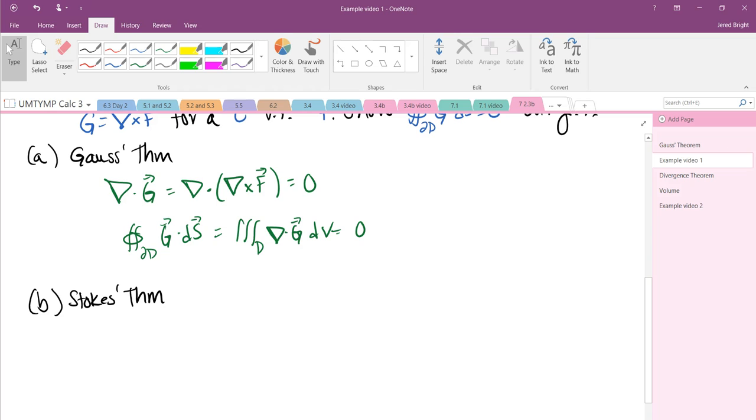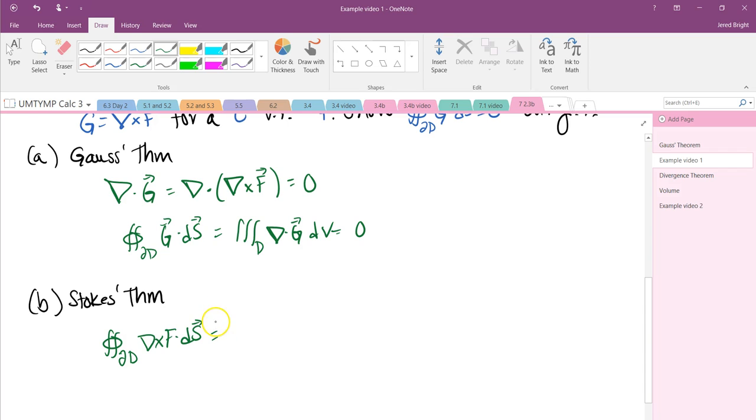Now with Stokes's theorem, this is a little bit more interesting. This was looking at a double integral over our surface of the curl of the vector field dotted with dS, and then Stokes's theorem was equating that to a vector line integral.